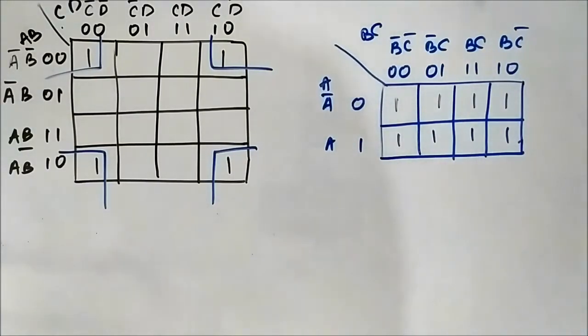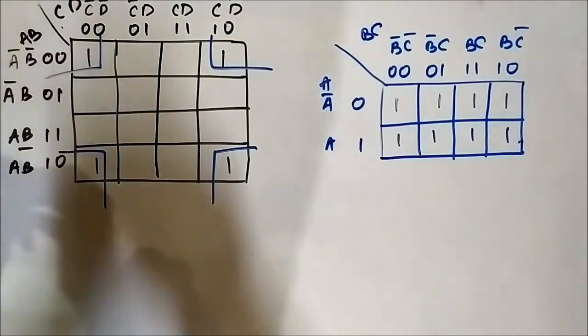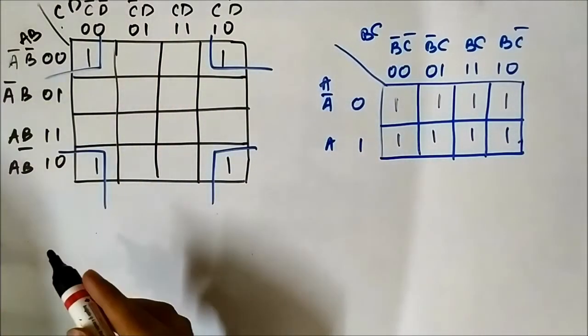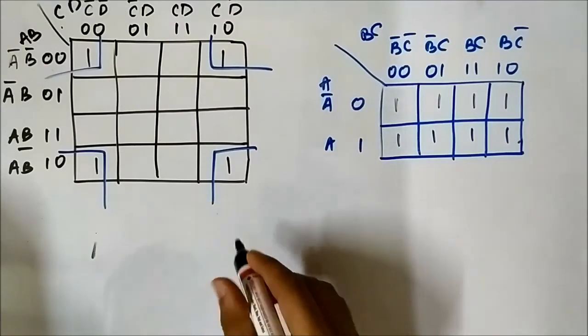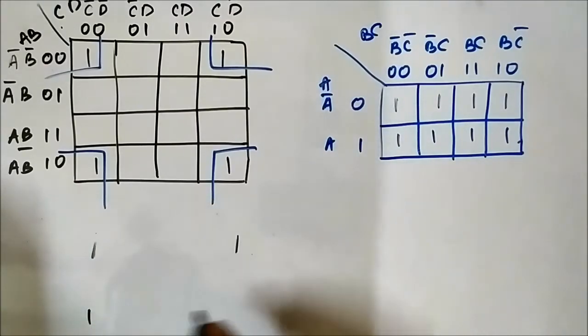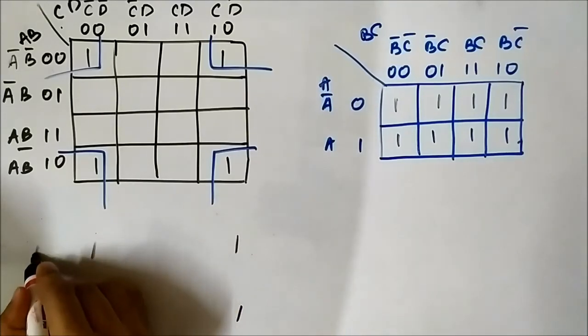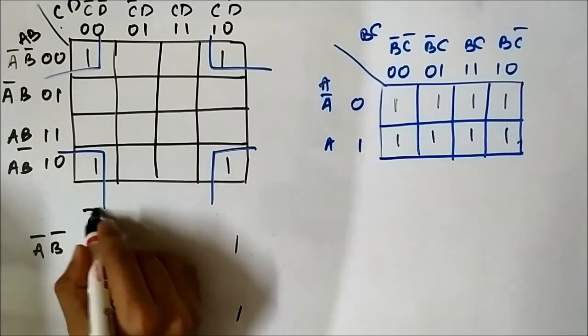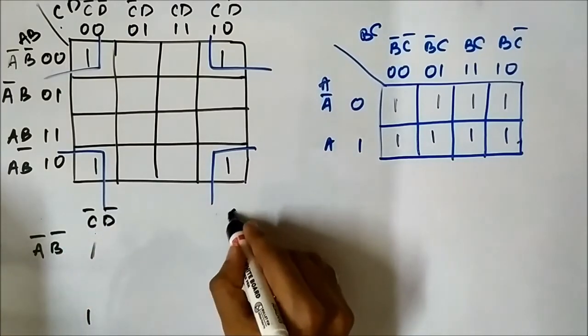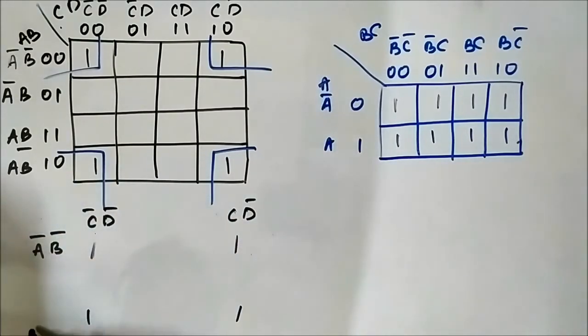So it will be a quad, and if we try to find the common term, then let's write 1 1 1 1. Here are the horizontal and vertical components: A bar B bar, C bar D bar, C D bar and A B bar.